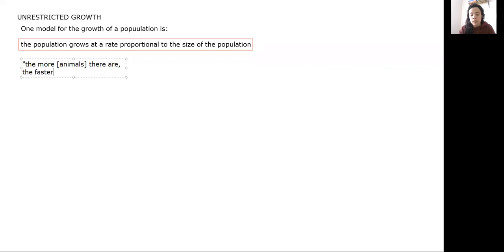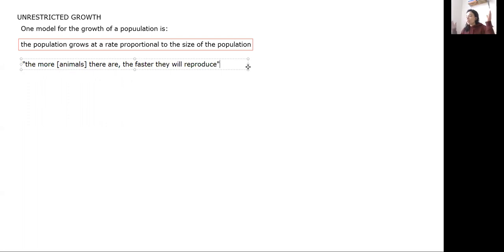Okay, so the idea here, I'm going to write it down, is the more animals there are, the faster they will reproduce. Okay, so most people raise their hand.